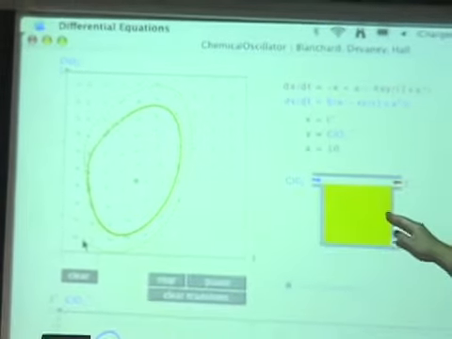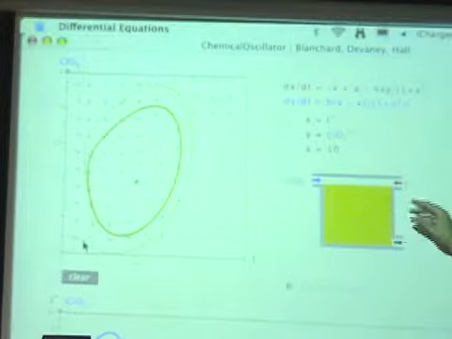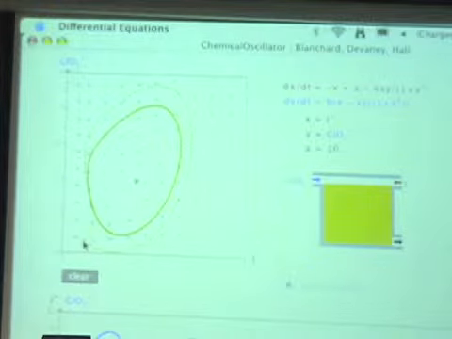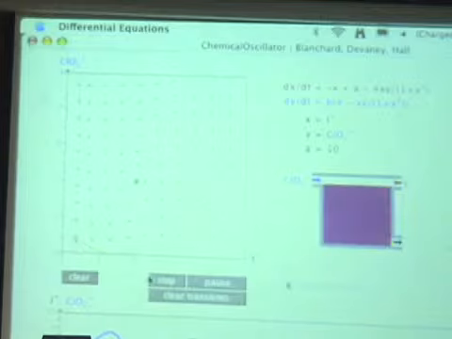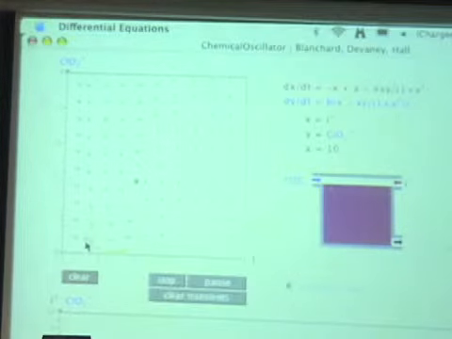Right here, you see the imaginary chemical reaction going on, and this may jog your memory if you've ever seen a chemical reaction where the colors change over time. Let's stop and clear it all. That's the chemical reaction that we're modeling here.